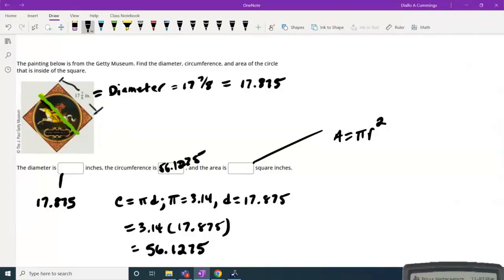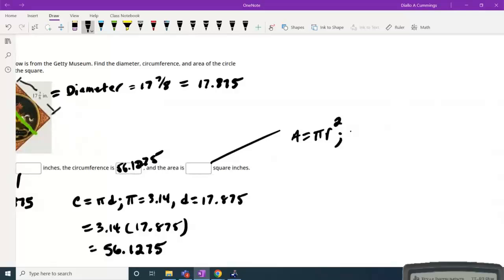is pi times the radius squared. So we're going to substitute pi for 3.14. The radius, remember that the radius is equal to half of the diameter.